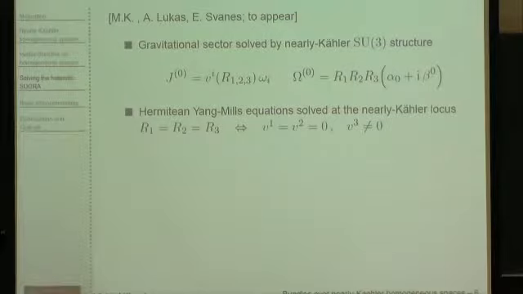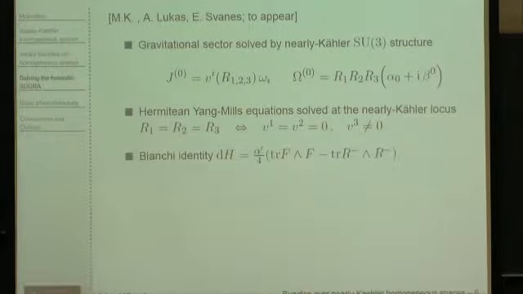How about the gauge sector? Well, that is solved as well, but it automatically imposes a constraint on these parameters. It turns out that they all have to be equal, which then means that two of these scalar moduli vanish, while one remains free.